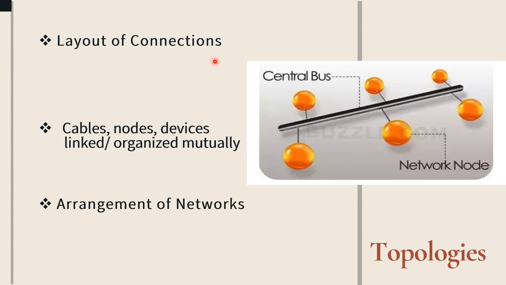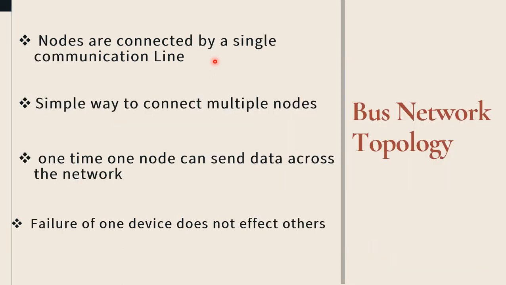It means how cables, nodes, and devices are organized, how they are connected with each other, and what methodology is used for connectivity of all the various devices. In other words, we can say the arrangement of networks is known as topology. This is what we discussed in detail in our earlier lecture.